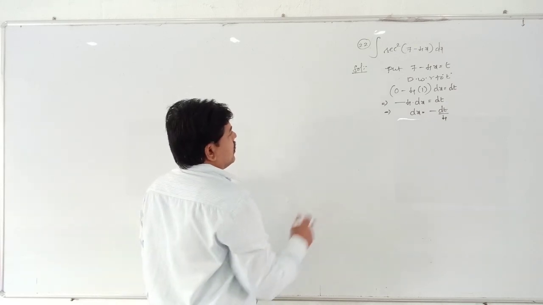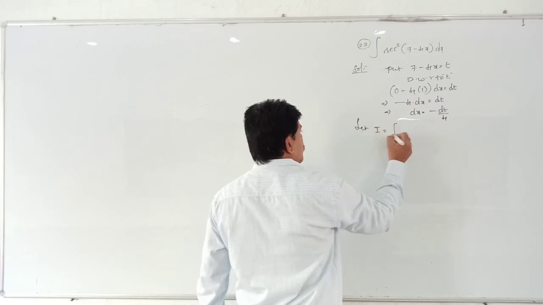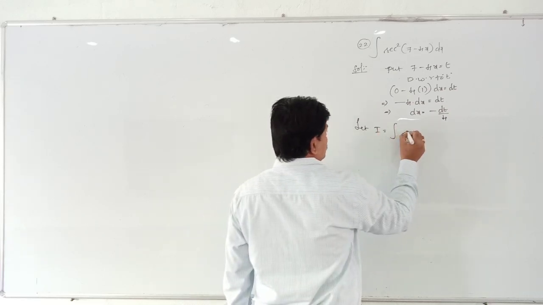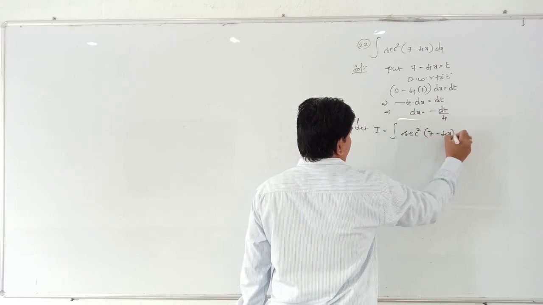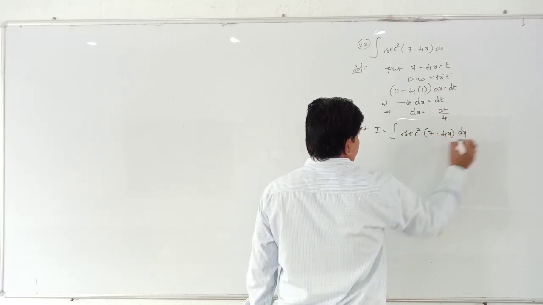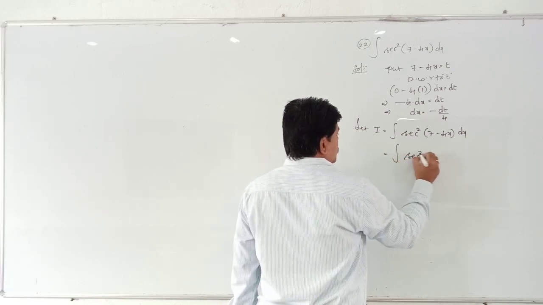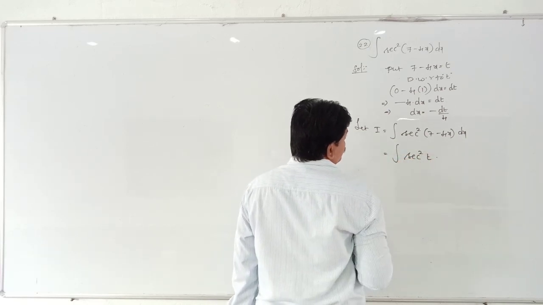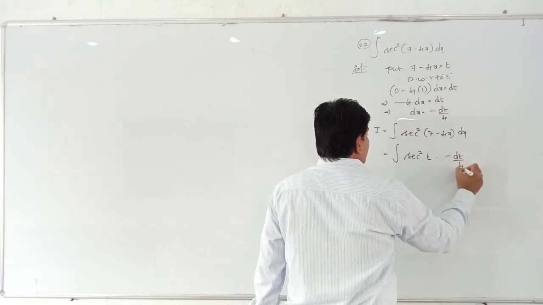See the next. Let I is equal to integral of secant square 7 minus 4x into dx. So that is equal to integral of secant square t into dx value, which is minus dt by 4.